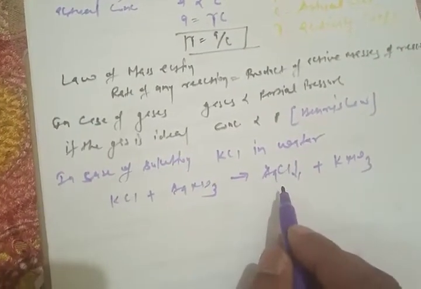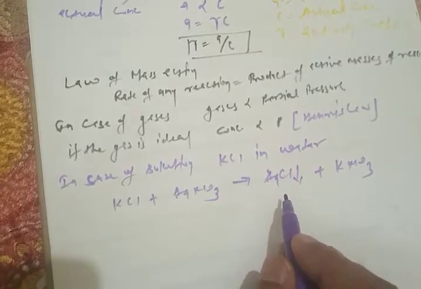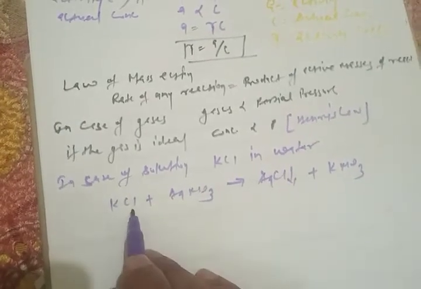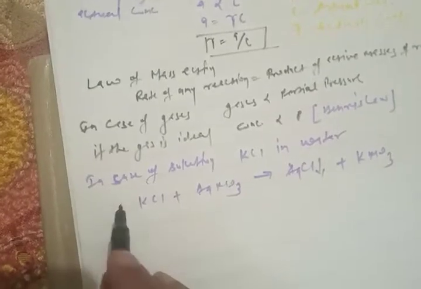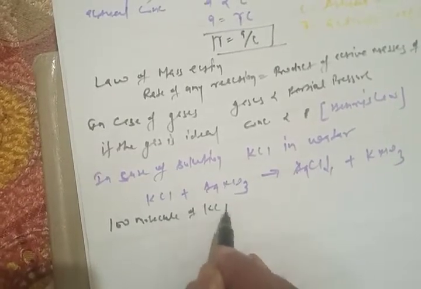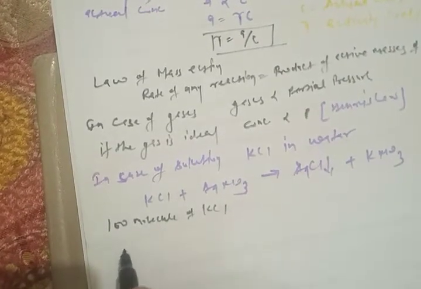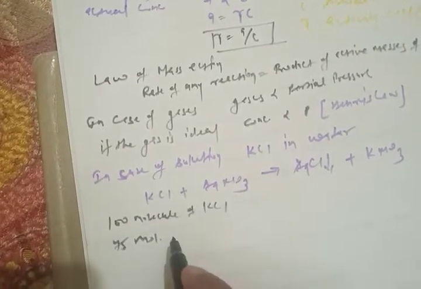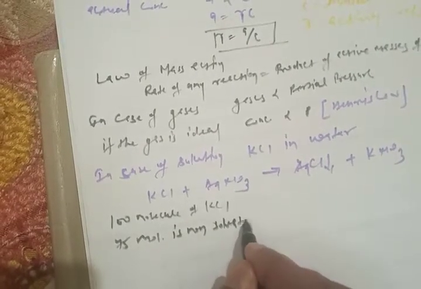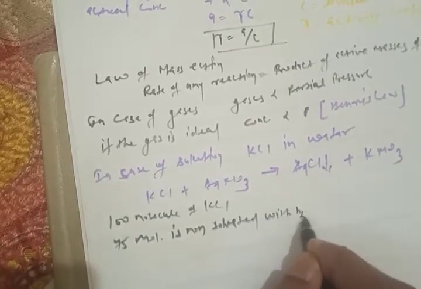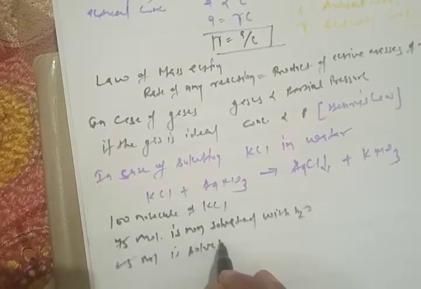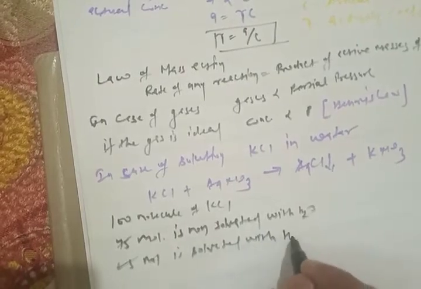So the formation of AgCl depends on the amount which is non-solvated. See, if we have 100 molecules of KCl, and in that 100 molecules, 75 molecules are non-solvated with water, that means 25 molecules are solvated with water.